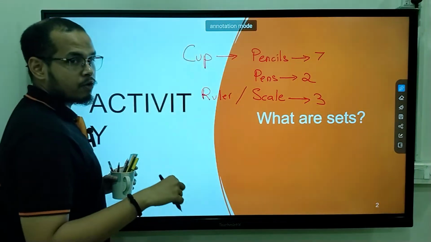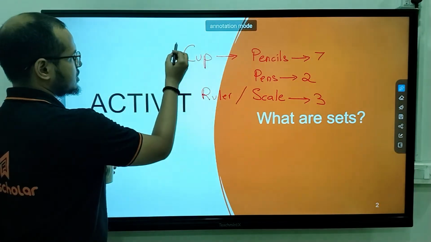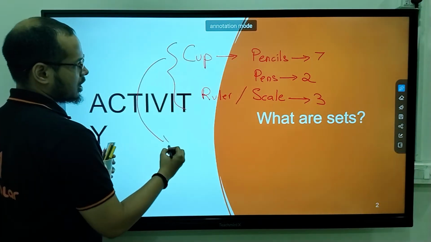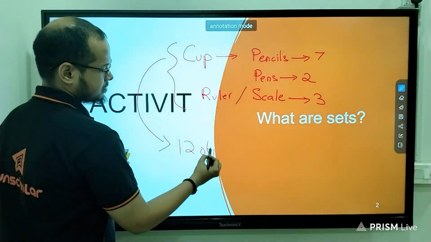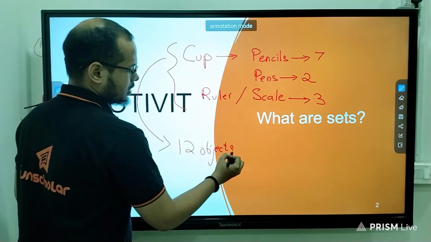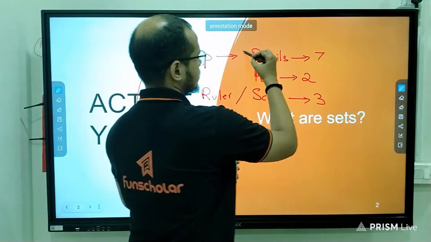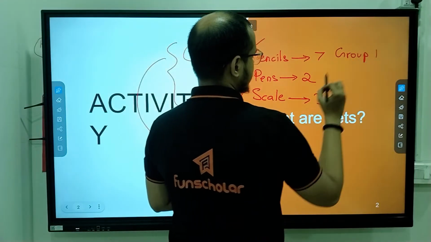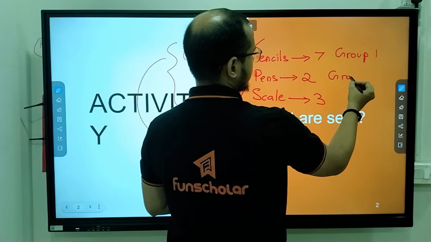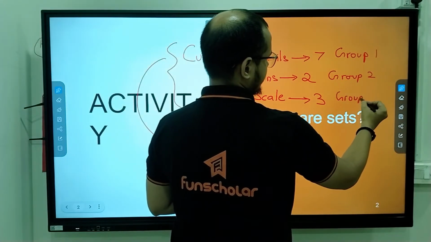So the total number of objects present inside the cup is 7, 8, 9, 10, 11, 12. 12 objects are present, in which the first group is of pencils. So group 1 is pencils, group 2 is pens, and group 3 is rulers.